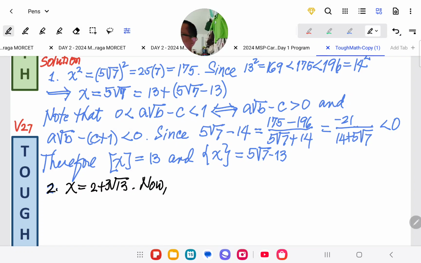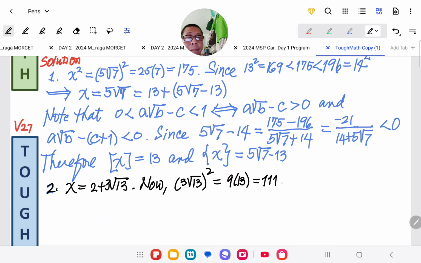Now, the square of 3 times the square root of 13 is equal to 9 times 13, which is 111.